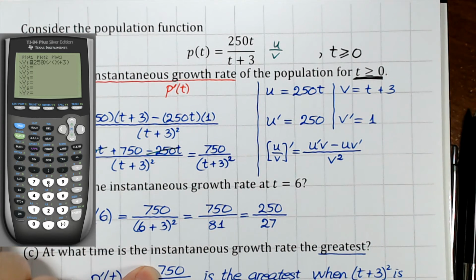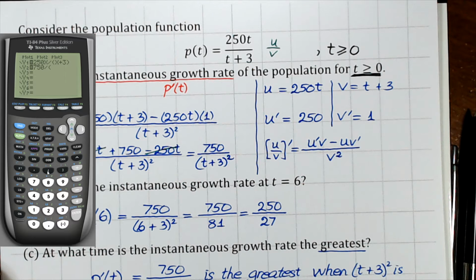The derivative is 750 divided by x plus 3 squared. That should be fine, because the calculator does the square first and then divides.